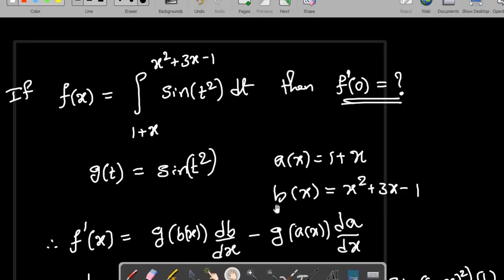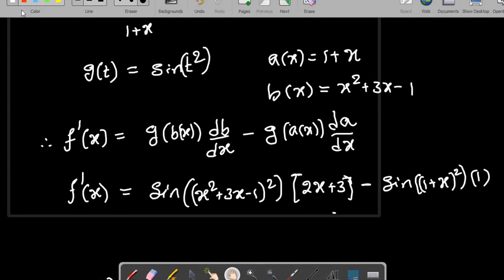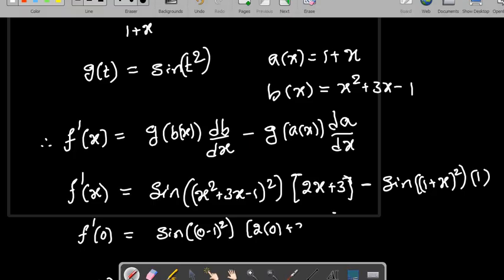Okay, let us plug in x equal to 0 directly. So if we plug in x equal to 0, f dash of 0 equals sine of (0 minus 1) whole square, and this is 2 times 0 plus 3, minus sine of 1, you can see that that is 1.